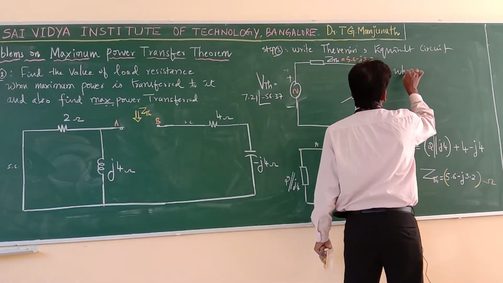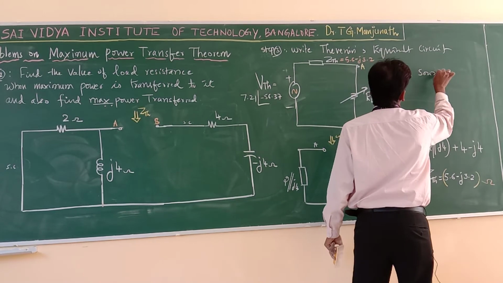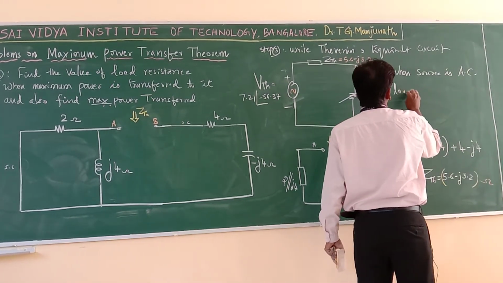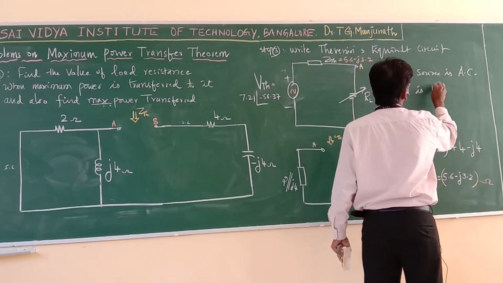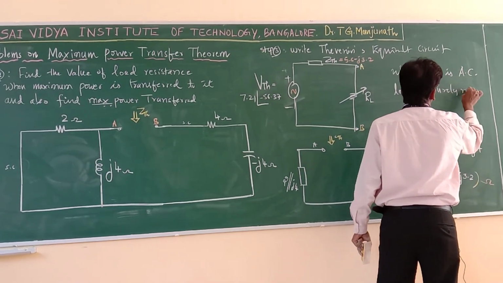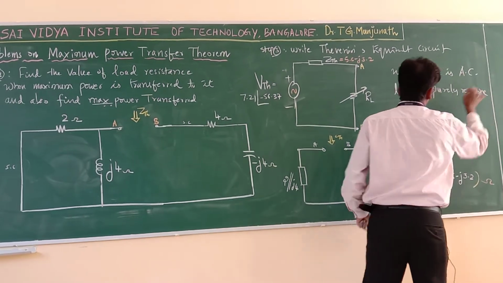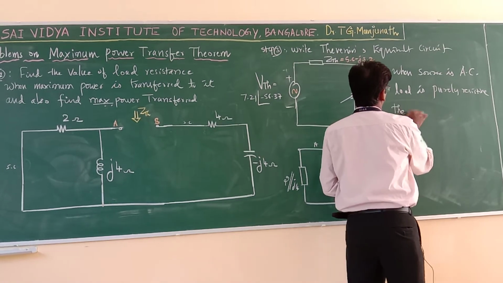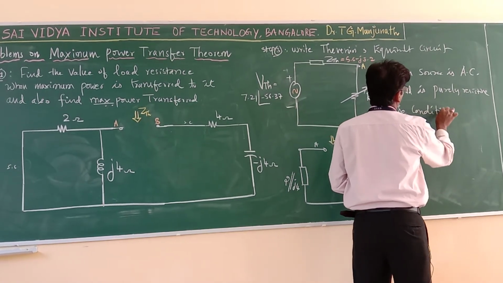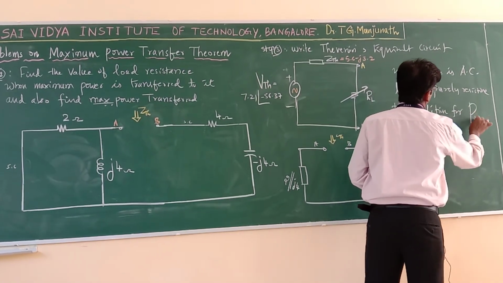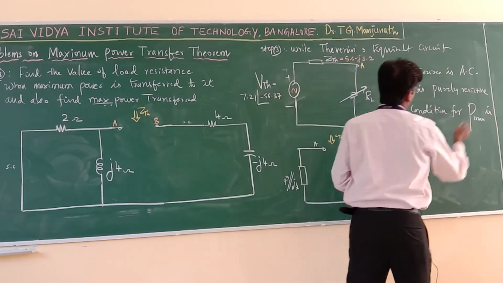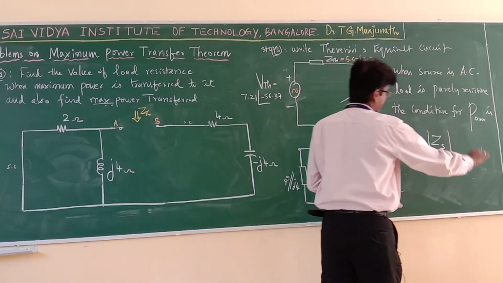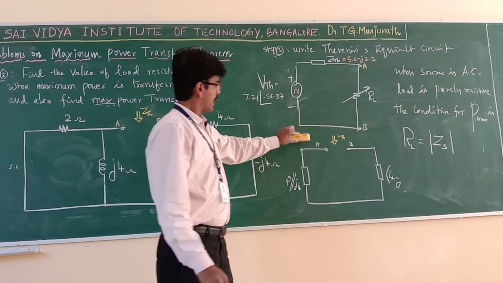So when source is AC, load is purely resistive, the condition for Pmax is RL should be equal to the magnitude of Zs.